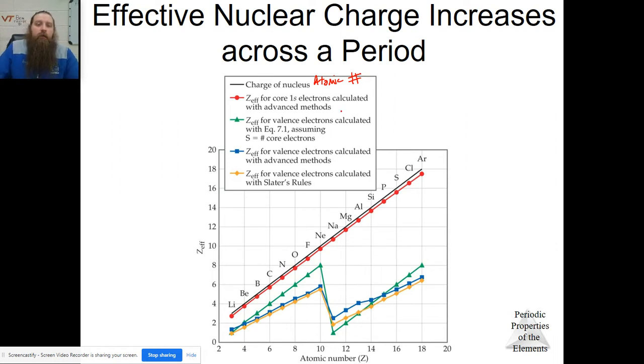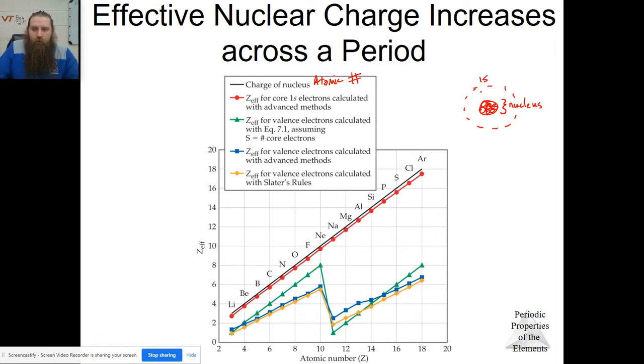If you look at just the 1s electrons, which have no shielding, right? So you have the nucleus. We know a nucleus could have any number of parts, right? So there's our nucleus. If you are a 1s electron, you never have any shielding.